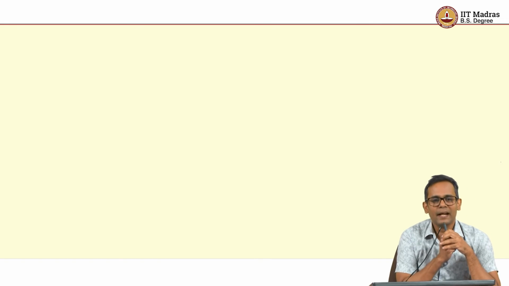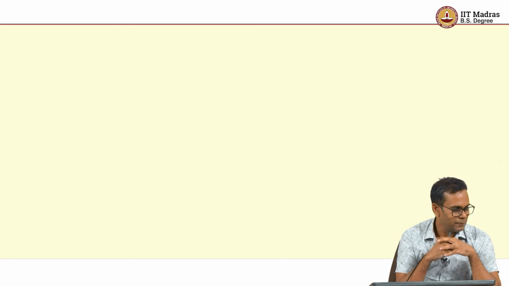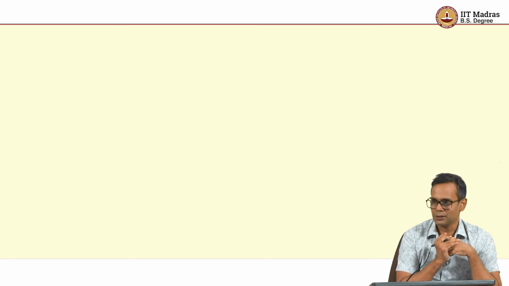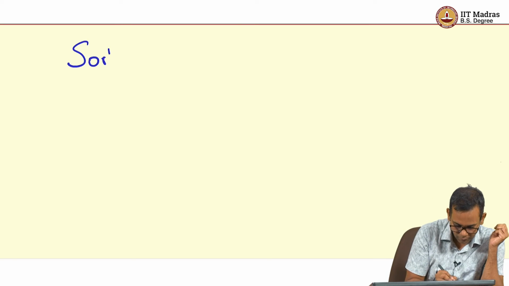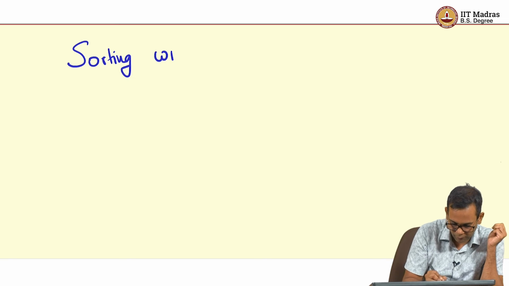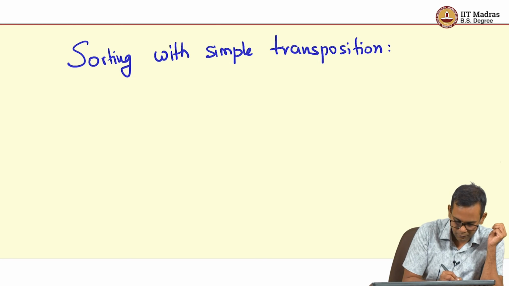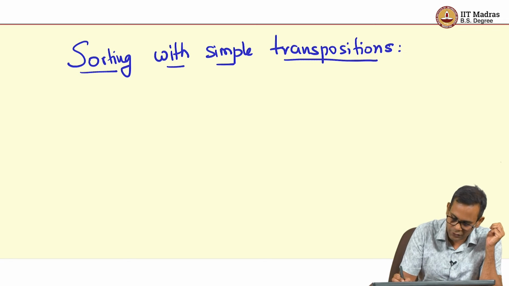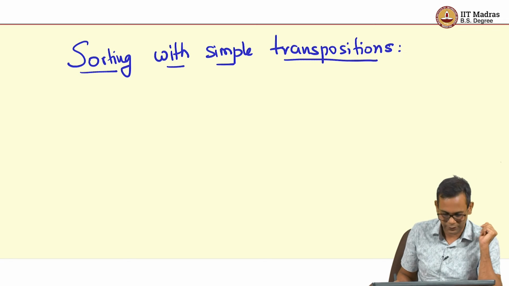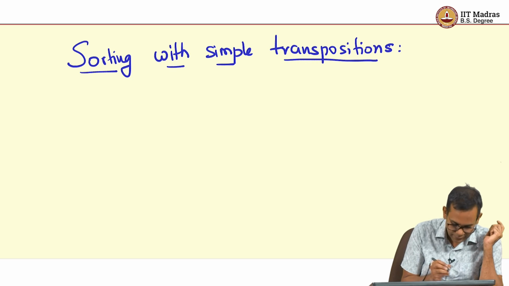Okay, so I told you that permutations come up in the study of sorting algorithms. So let me explain the notion of sorting with simple transpositions. So now I will think of a simple transposition as an operation on a permutation. So I will call it again S_i.